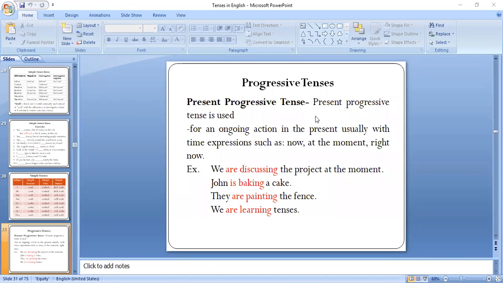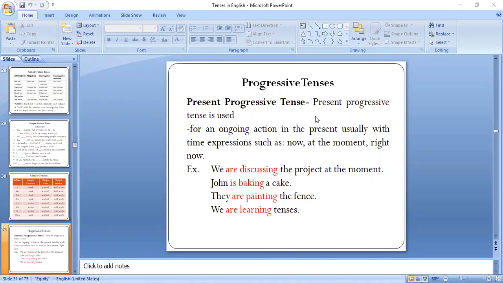This is not an action which has happened in the past or will happen in the future. This is an ongoing action in the present form. At the moment, this action is going on. So that is why this is a present progressive or continuous present tense sentence.